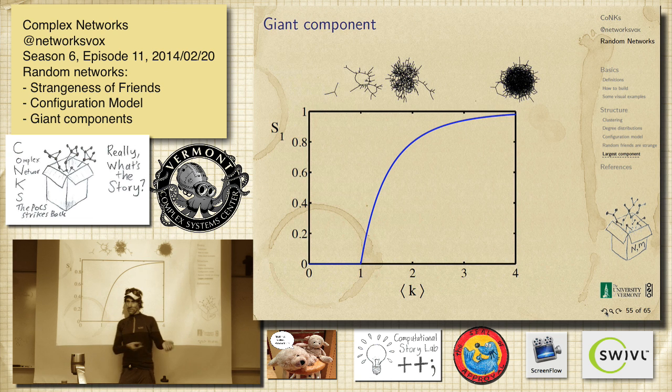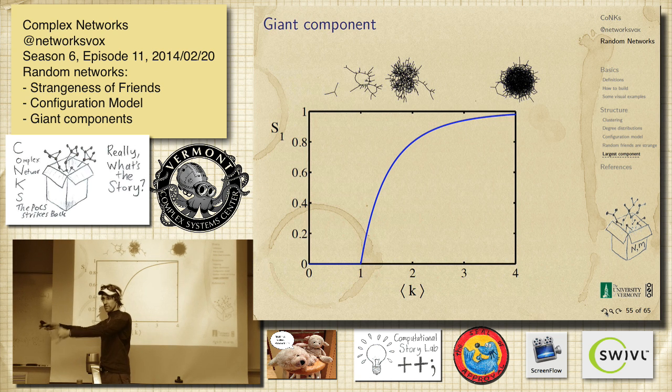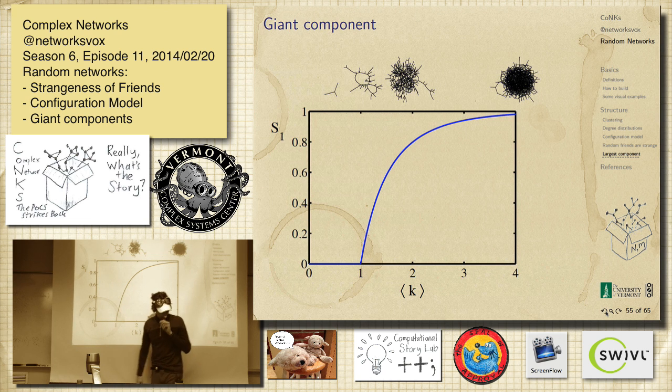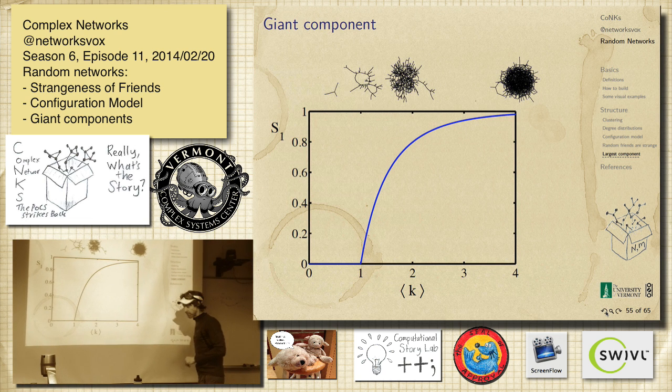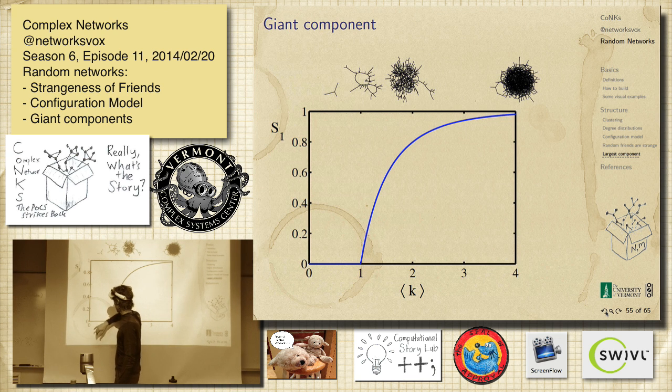A component can, of course, include one isolated node. You order them. There might be 30 components: 27 are nodes without any friends, one has 7 friends in it, another has 2, and there's one with 80 billion friends in it. We'll call them S1, S2, and so on, the fractional sizes. So S1 is the fractional size of the largest one.